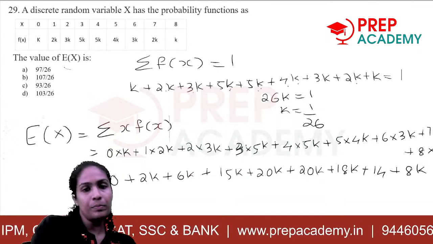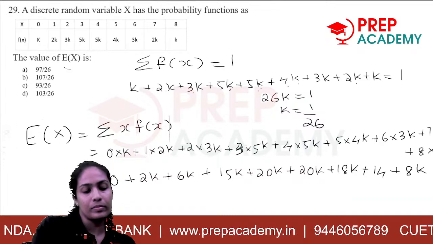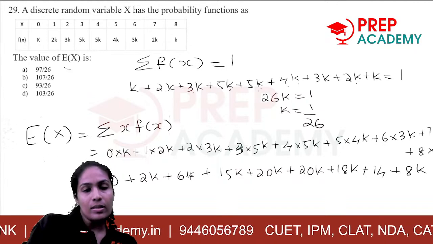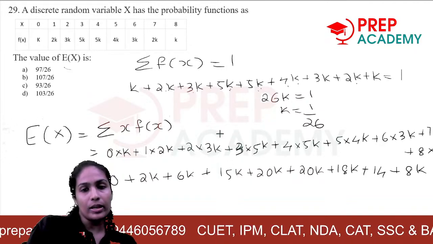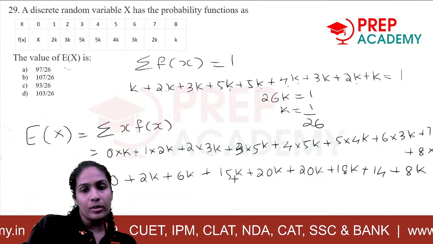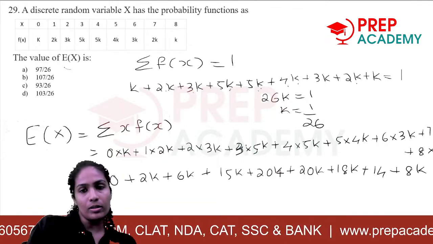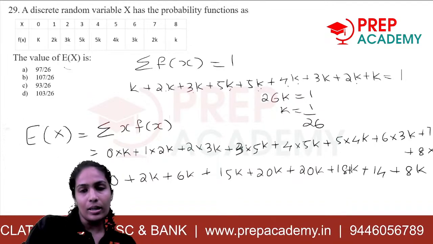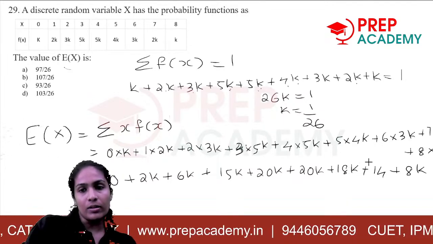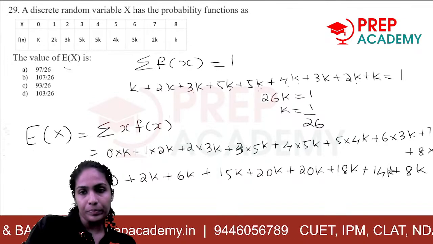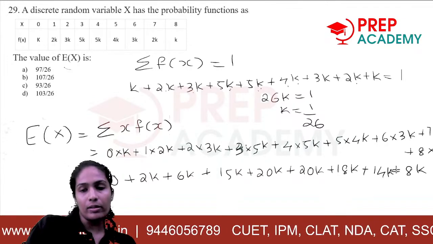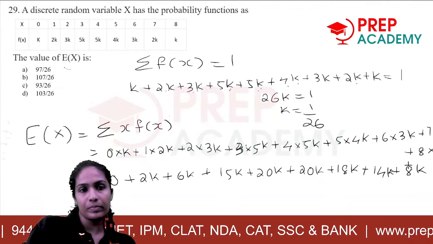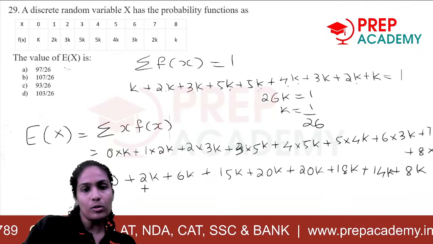Which is equal to 2k plus 6k is 8k, 8k plus 15k is 23k, 23k plus 20k is 43k, 43 plus 20k is 63k, 63 plus 18k is 81k, 81k plus 14k is 95k, 95 plus 8k is 103k.